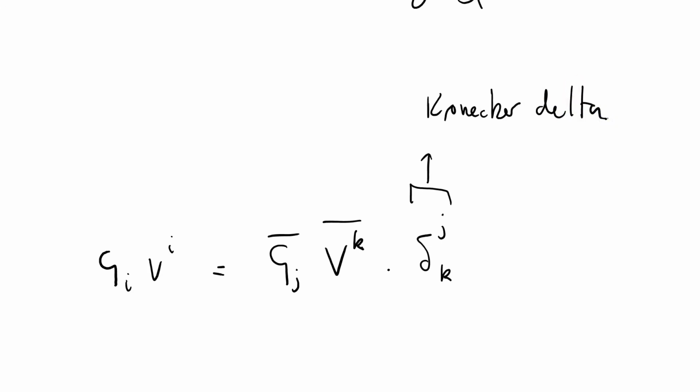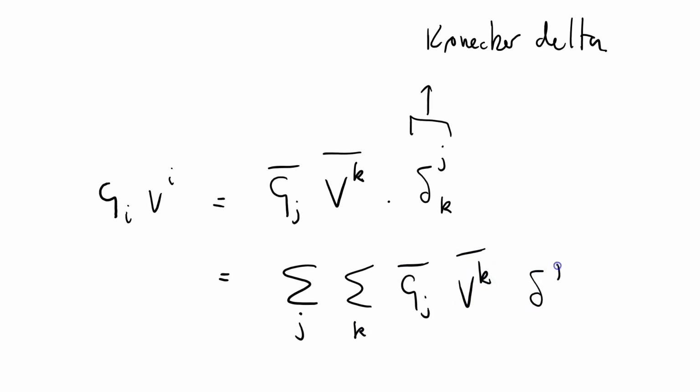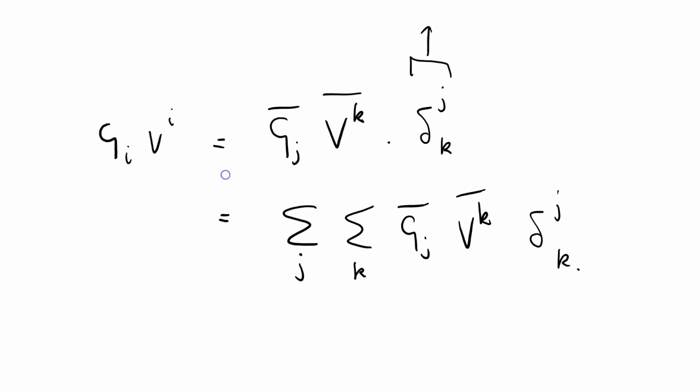Okay? Now, I'm casually using the summation convention. So it's really summed over J and K, G J bar, V K bar, delta JK. But you can see, if J is not equal to K, this just drops out. So I'm really taking the sum over, let's say, L, G L bar, V L bar.